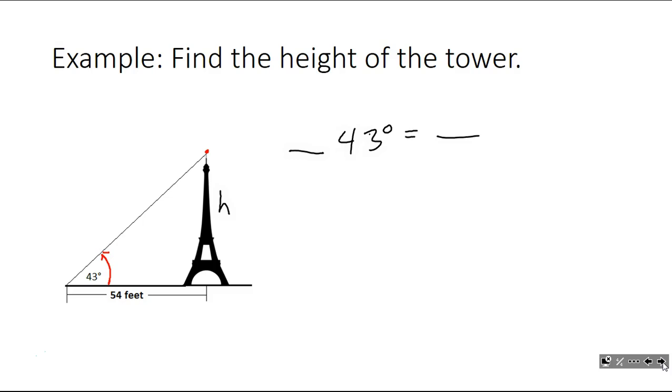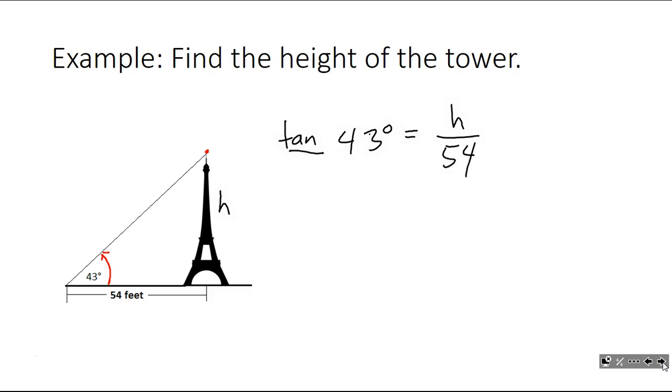Now let's see what fraction we can form. H would be opposite of that angle and 54 would be adjacent to it. So what's opposite and adjacent? Well, it sounds like tangent, doesn't it? Tangent is the opposite, which is h, over the adjacent, which is 54.